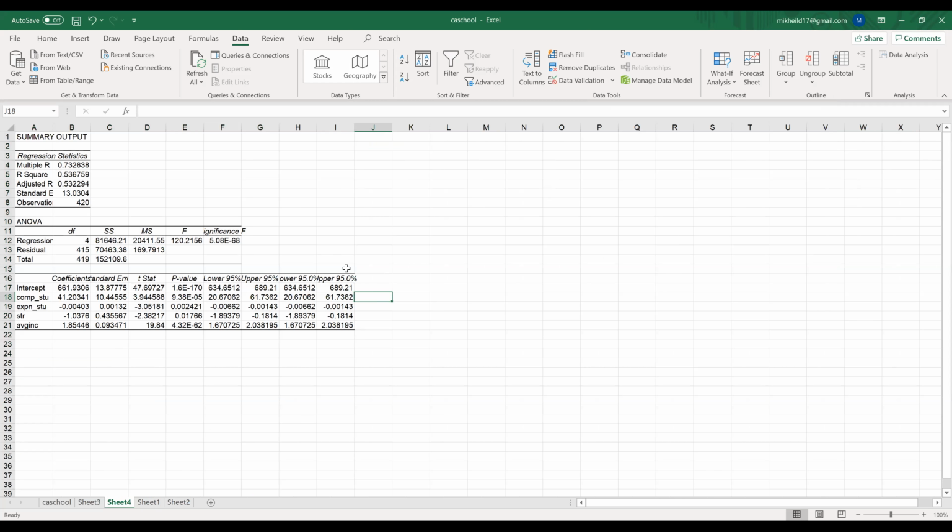unrestricted model. This will be like y equals, do you see my Excel? Yeah.